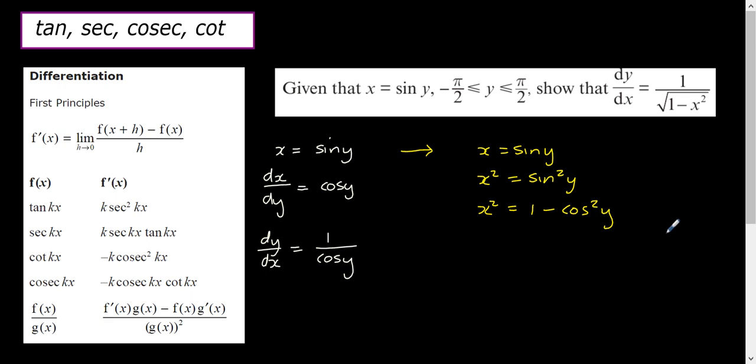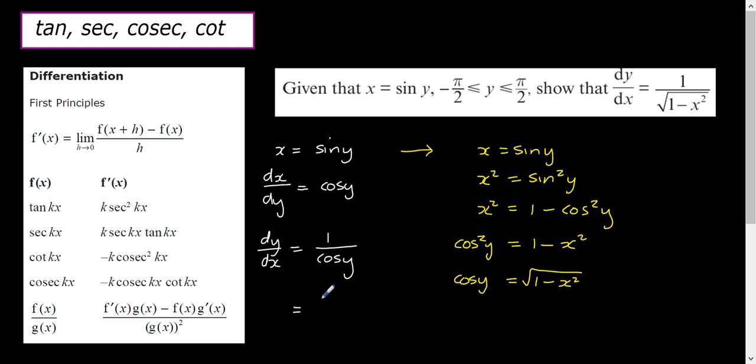We know that because sine squared plus cos squared is 1. And you might be able to see where I'm going with this. All right, cos squared y, we've got cos y there. So let's rearrange this and say that cos squared y is 1 minus x squared. Just rearrange this: added cos squared y to both sides, subtracted x squared from both sides. And what that means is I can now square root both sides, and I can see that cos y is actually the square root of 1 minus x squared. Bingo.